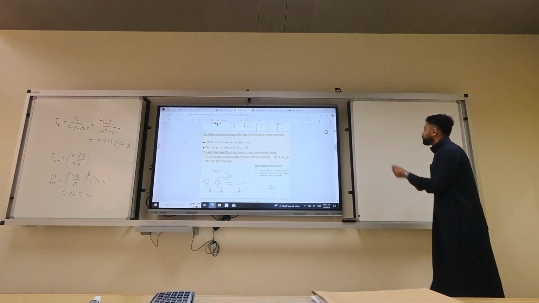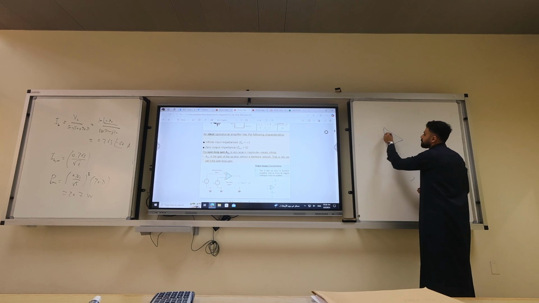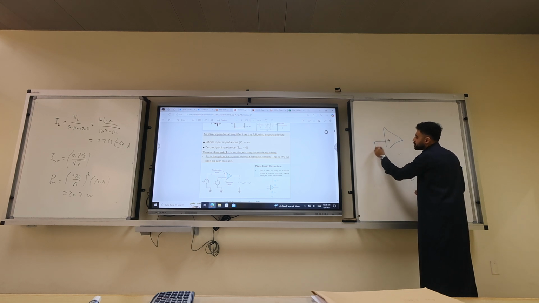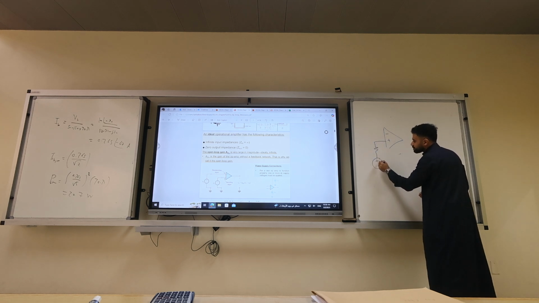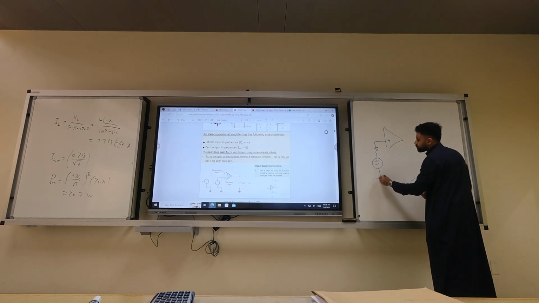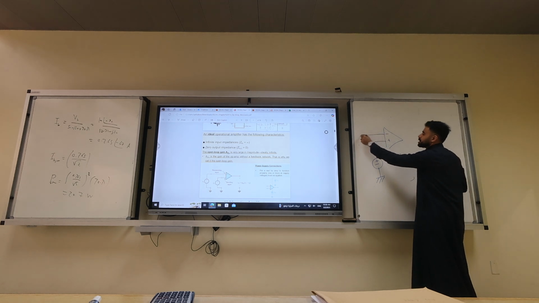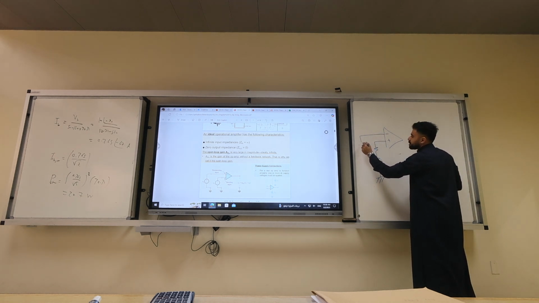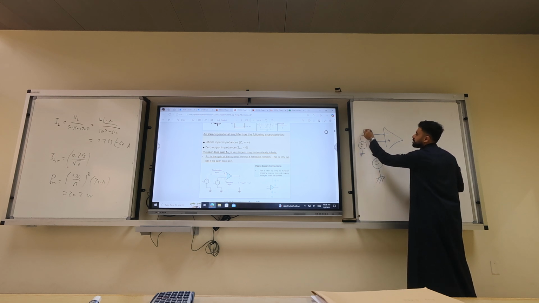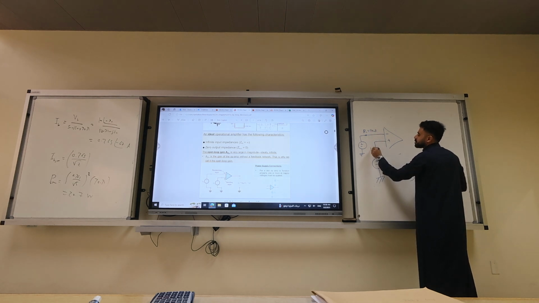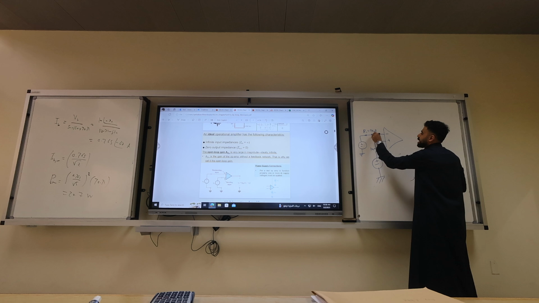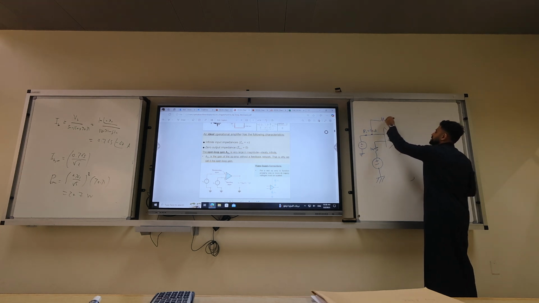If you have an op amp, minus and plus, and you connect to it a resistor and a battery, let's talk about the positive. Here maybe we connect it to a battery and then a resistor. This is R1 equal 1 kilo ohm. And then here we connect it to another system, for example.